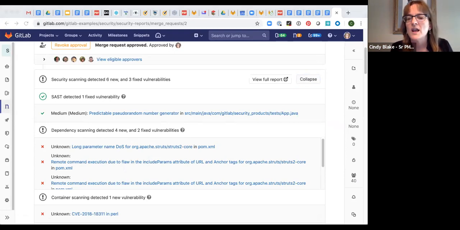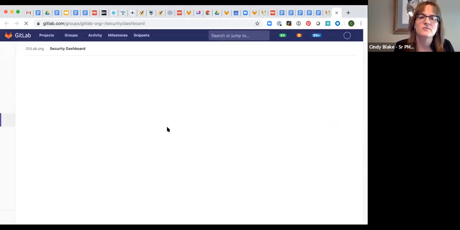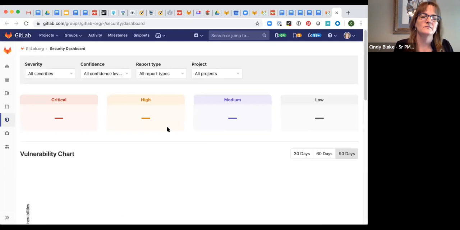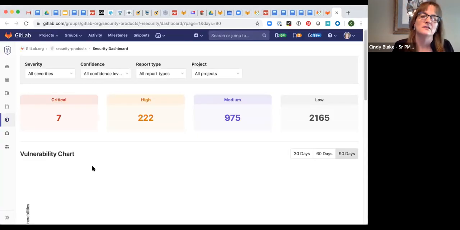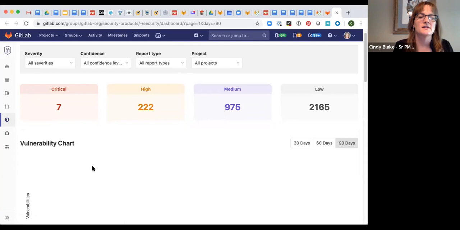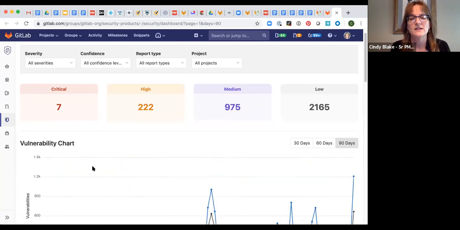Let me show one last thing real quick, and that is the dashboard. This is the security person's view of vulnerabilities. Think of these as the things that escape development.